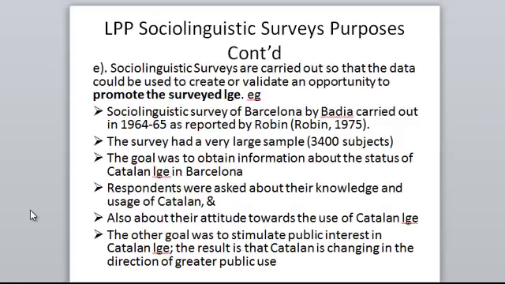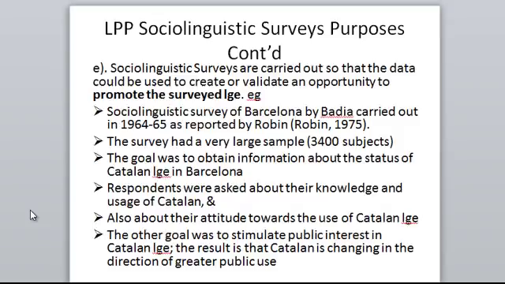Now, respondents were asked about their knowledge and usage of Catalan language, and about their attitude towards its use. The other goal was to stimulate public interest in Catalan language. This large sample was meant and intended to reach out to many homes, that is, to reach out to as many people as possible, and hence inspire as much commentary as possible.